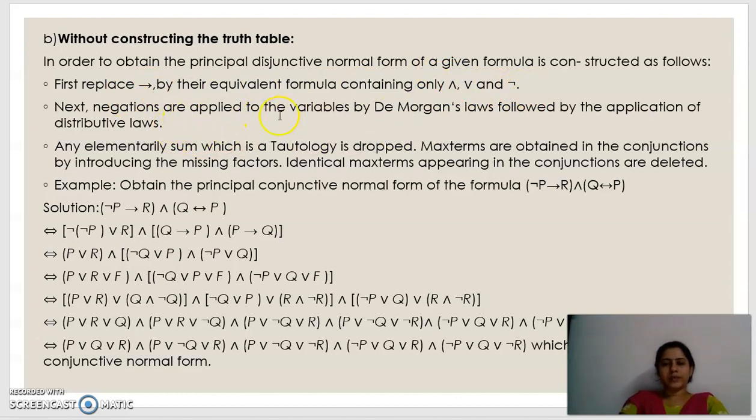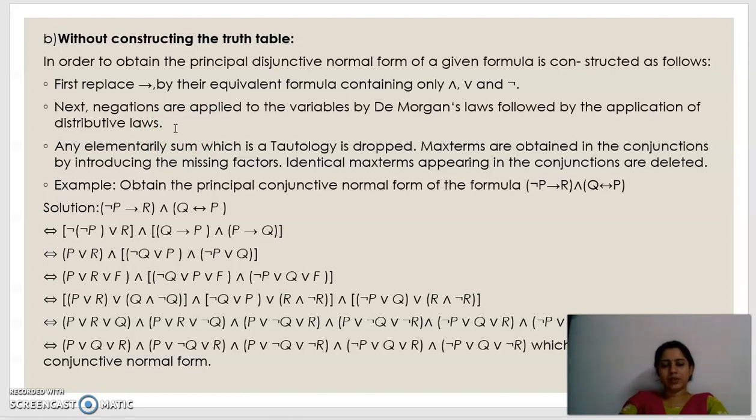Next, if there is a possibility of De Morgan's law or the distributive law, first apply that. Next, convert the given statement into conjunction normal form. Once you convert the given statement into conjunction normal form, you will get elementary sums.